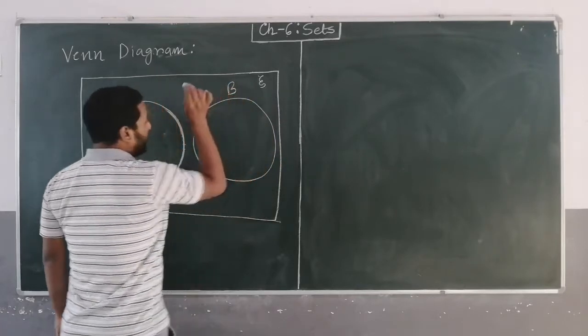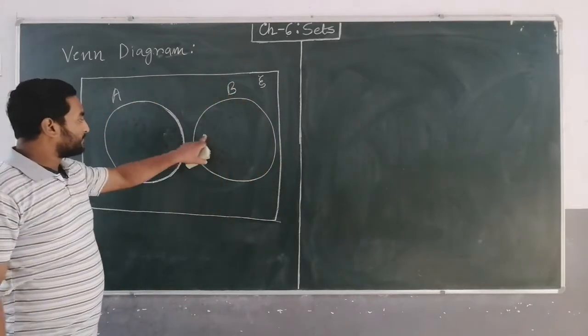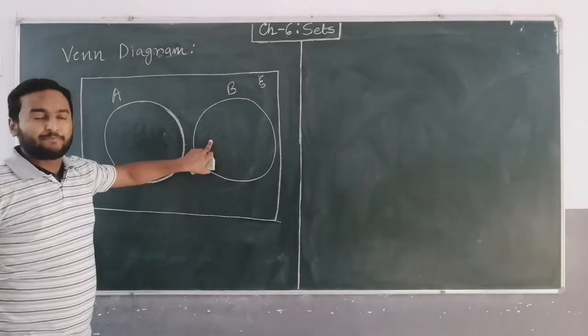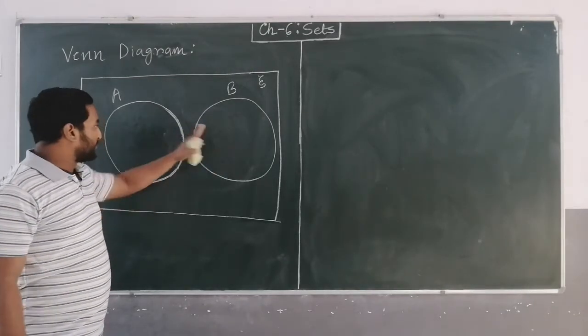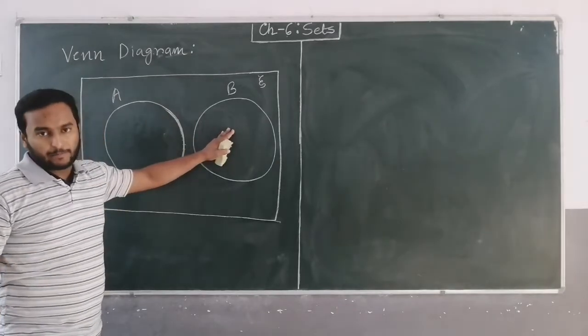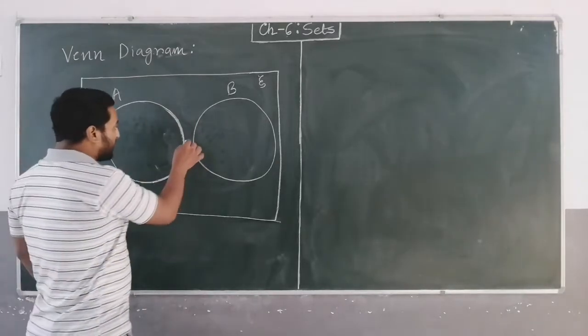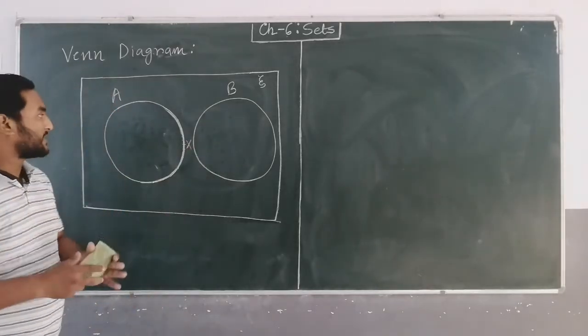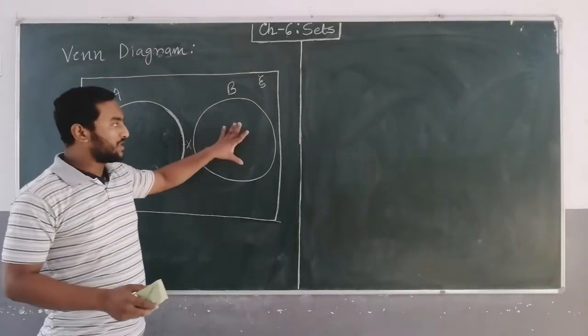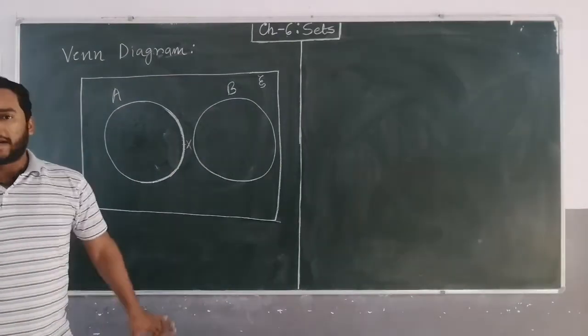So this is set B. Now see this, they are not overlapping, so no element will be common between these two sets A and B. That's why they are disjoint. So in this way we will represent disjoint sets.